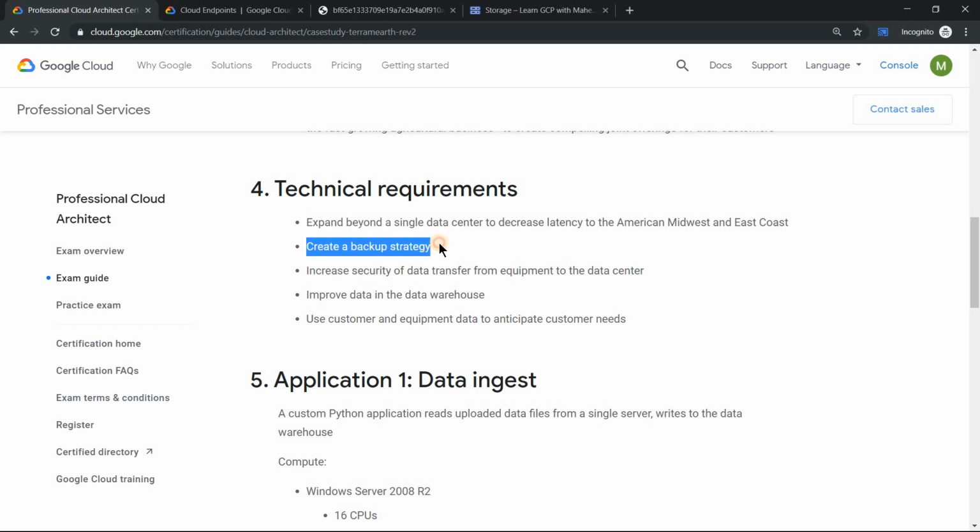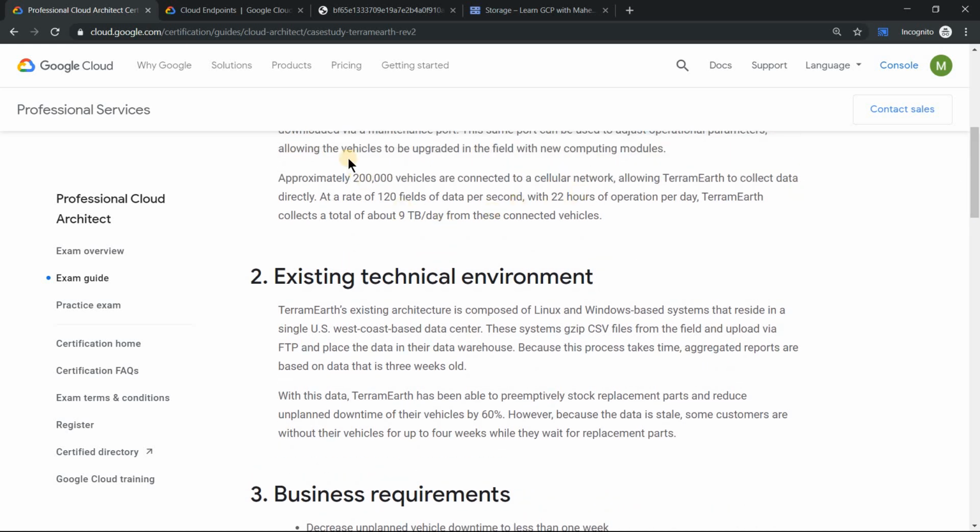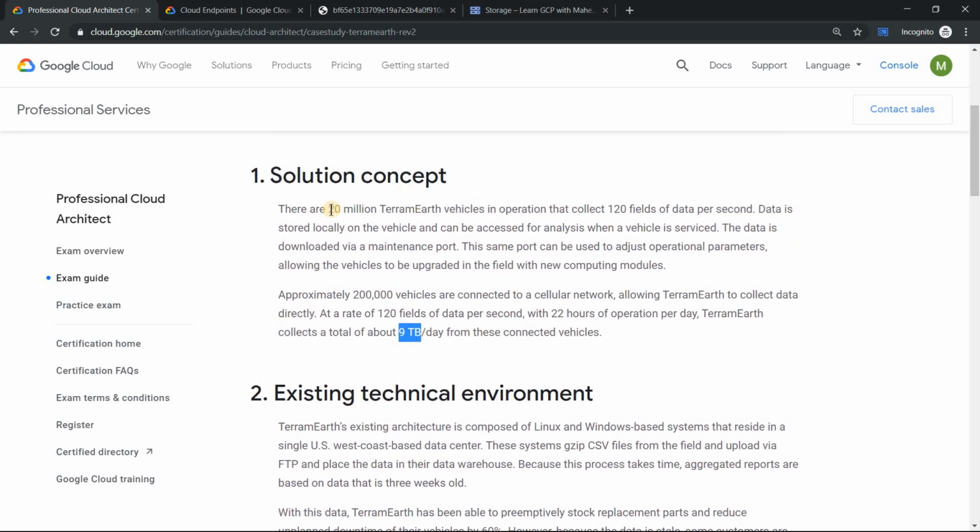Create a backup strategy. What is the most important thing in TerramEarth? Data, a huge amount of data. If you look into the details, only 200k vehicles are creating almost 9 terabytes, and we have almost 20 million vehicles.